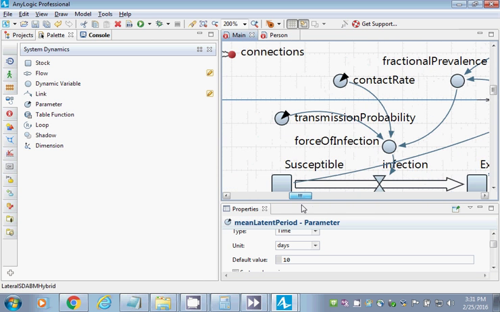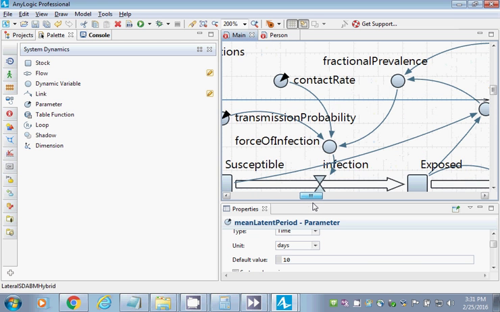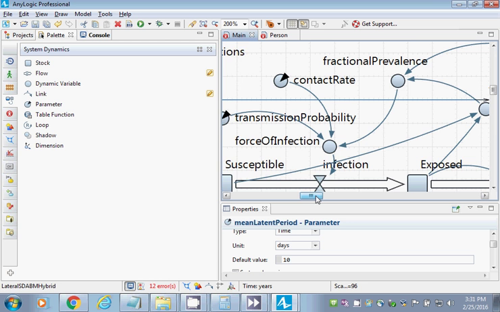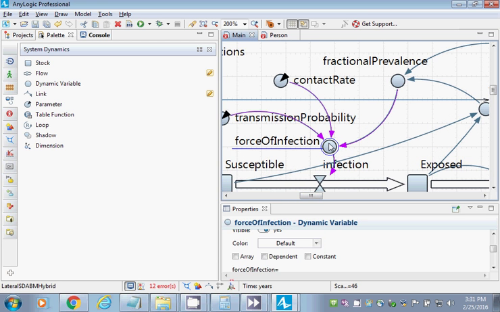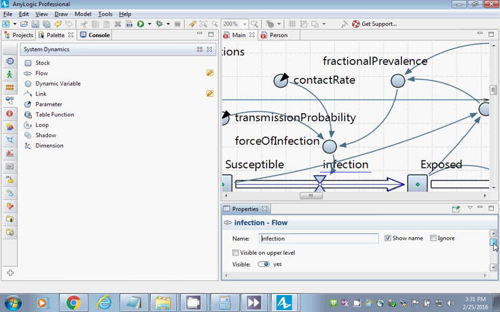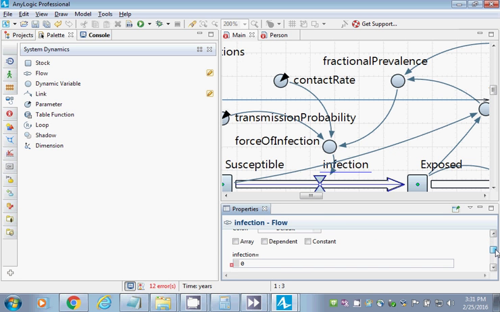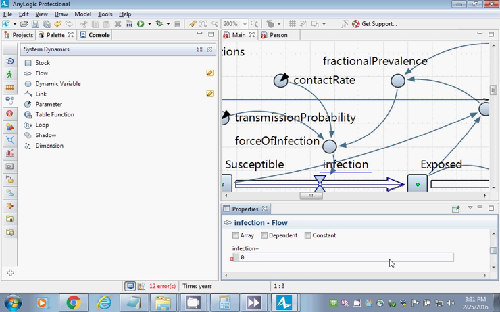The two things that are pointing at it will give you a hint as to what this is going to be. It's going to be susceptible times, remember to do control space, force of infection. That's what the formula is for infection. Are we okay with that? Anyone want me to wait a bit?